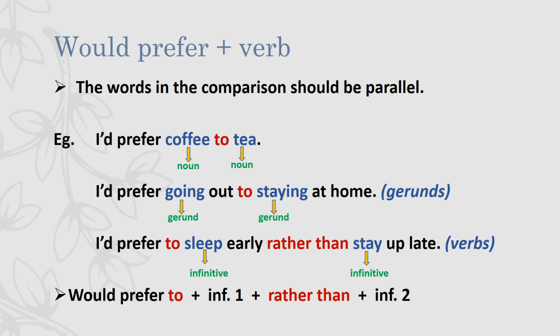So with would prefer, the rule says would prefer to plus infinitive 1 rather than infinitive 2. Infinitive 1 is a full infinitive with to, but the second infinitive is a bare infinitive, an infinitive without to.